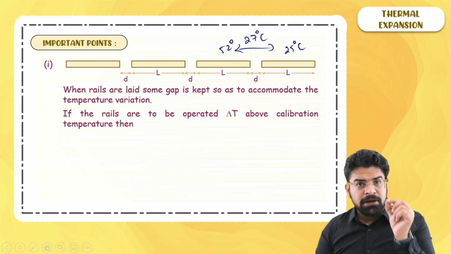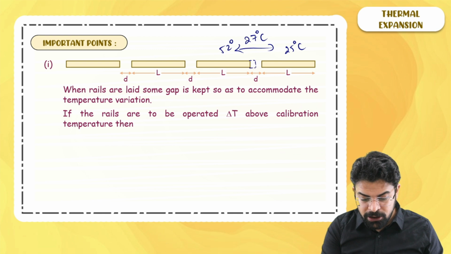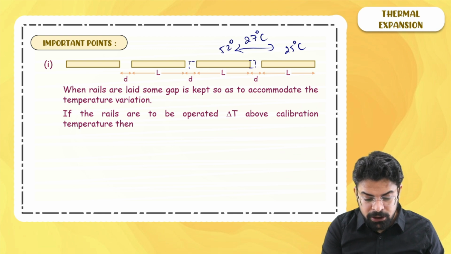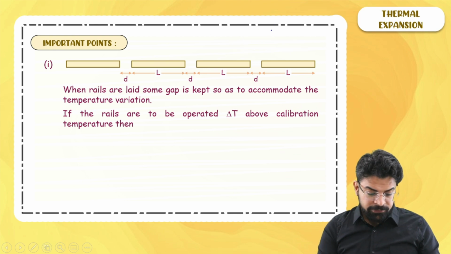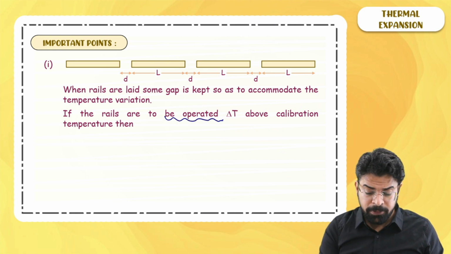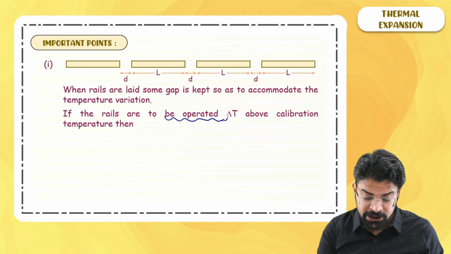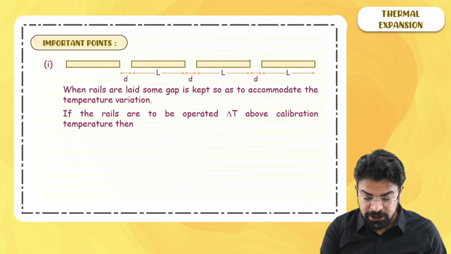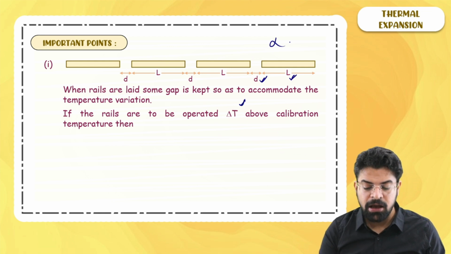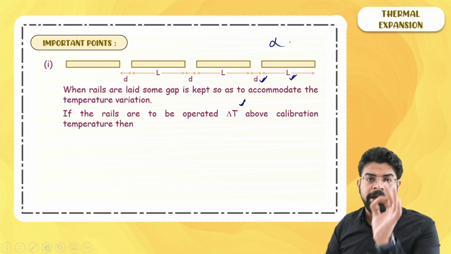So I should keep this much gap empty, that will be occupied on an increase of temperature by 27 degrees centigrade. So if the rails are to be operated at temperature delta T above the calibration temperature, then what has to be the relationship between D, L, delta T and alpha of the material used to make the rails?